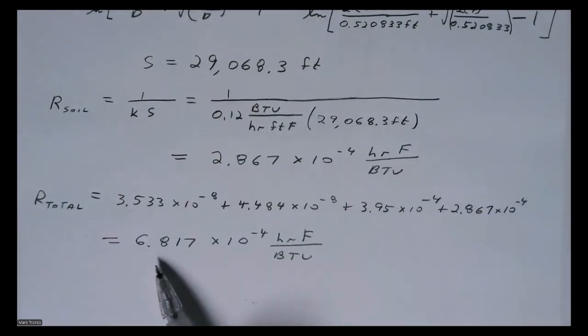Adding these all up, we get 6.817 times 10 to the fourth hour Fahrenheit per BTU.